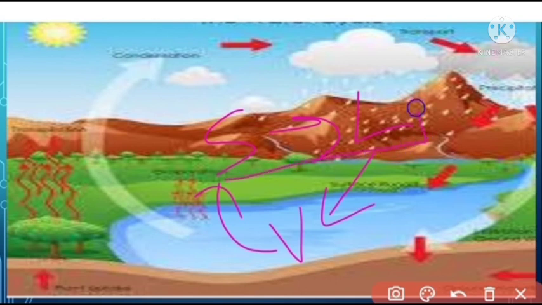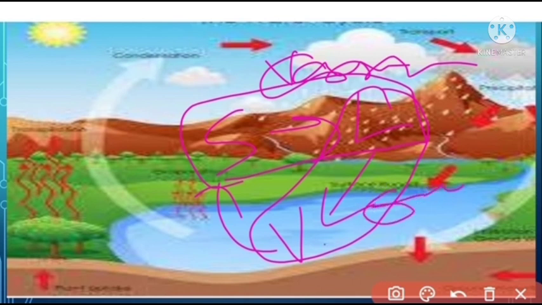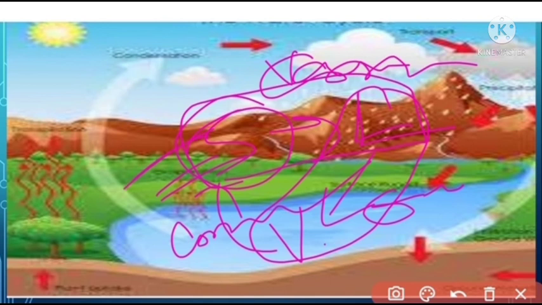Solid converted into liquid is melting, liquid converted into vapor is evaporation or vaporization, and vapor converted into liquid is condensation. Here the condensation method is applied. The solid substance settles at the bottom of the surface, the liquid water is evaporated, and here the evaporation method is also applied.